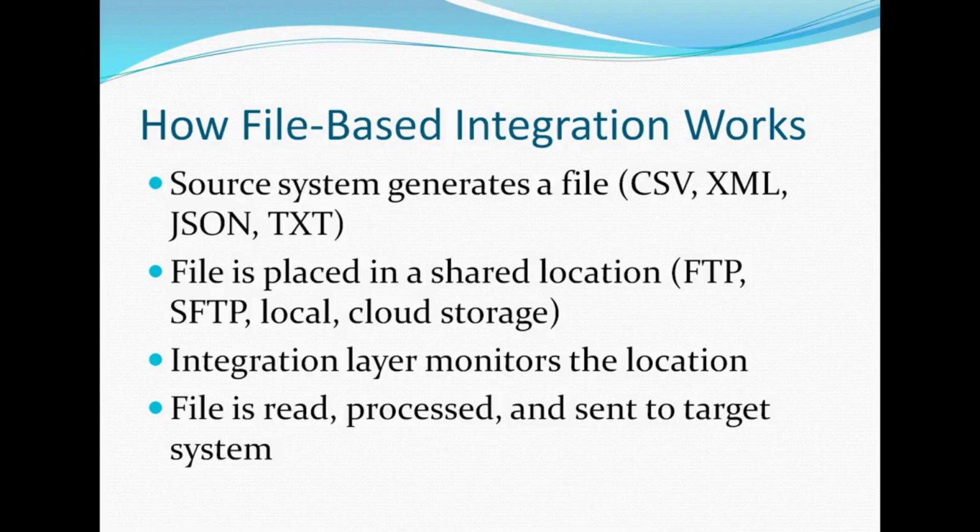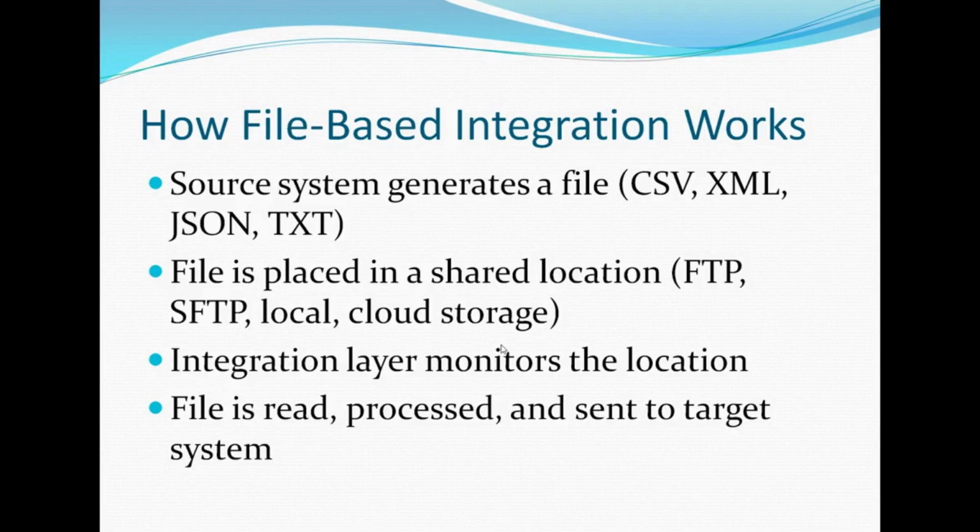That folder may be a shared location within the network, or an FTP or SFTP server over the internet, or it may be shared via the SMB protocol, or placed into cloud storage. In the modern iPaaS world, cloud storage is commonly used.